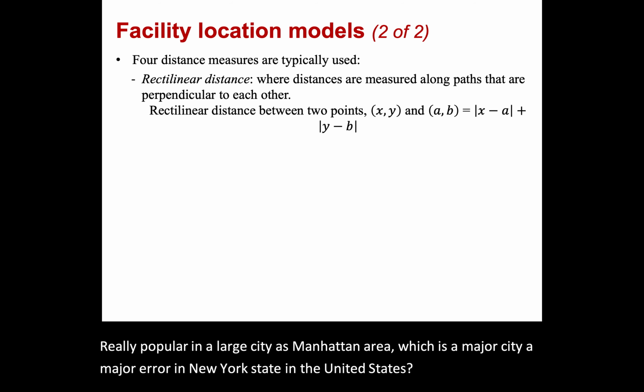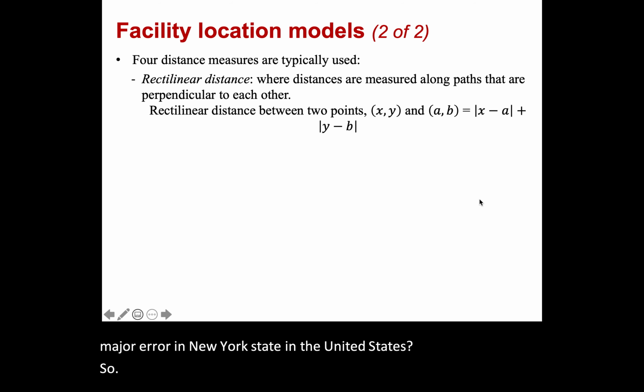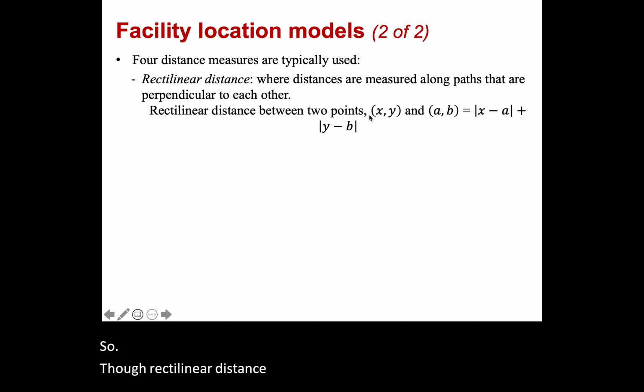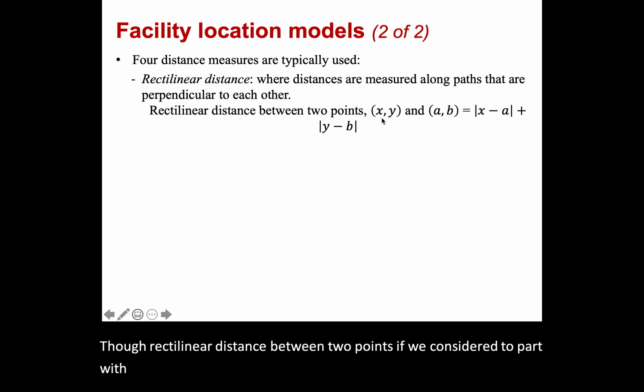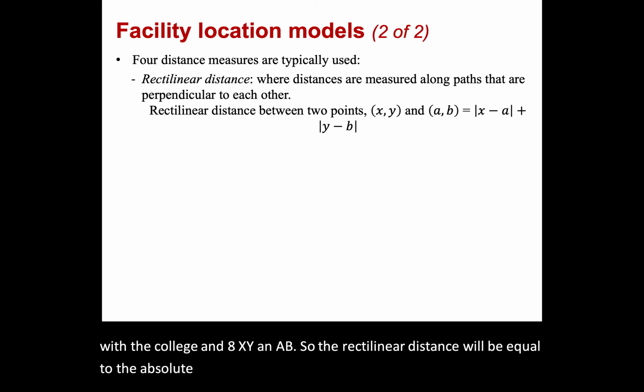The rectilinear distance between 2 points with coordinates x, y and a, b will be equal to the absolute value of x minus a plus the absolute value of y minus b.